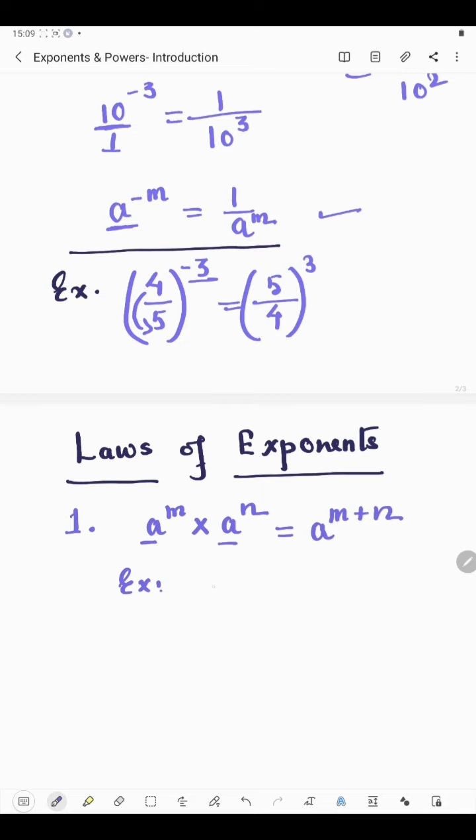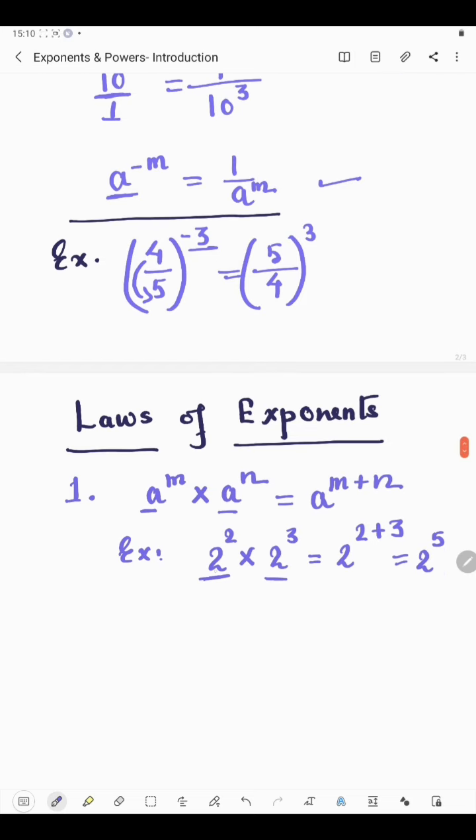Say we have 2 to the power 2 and 2 to the power 3. According to the law, when we have the same base, then powers are added. So we will write the base and we will add the power. So it will become 2 to the power 5.